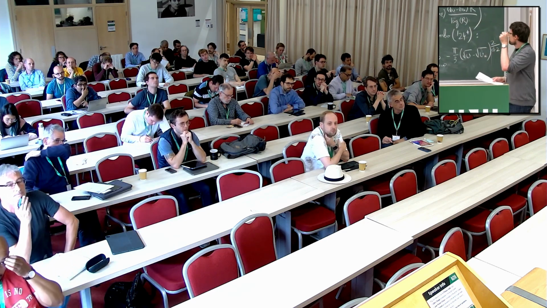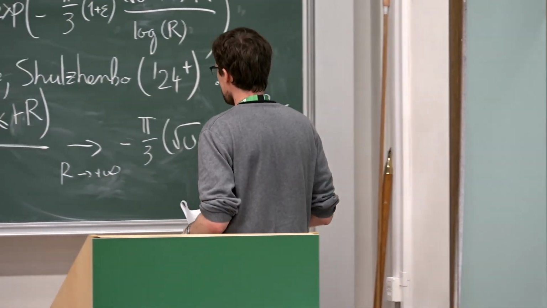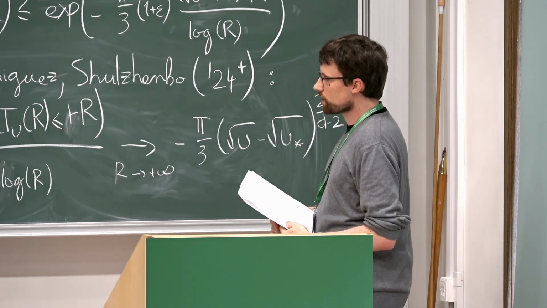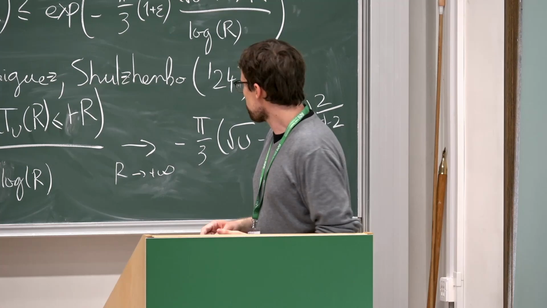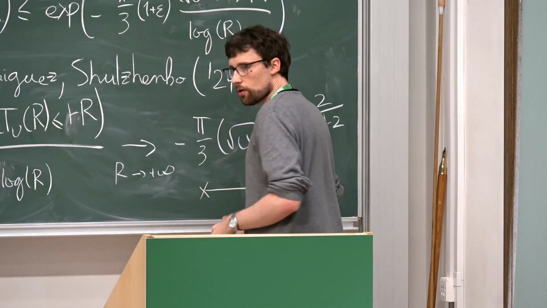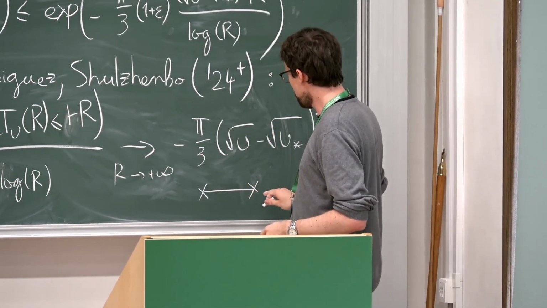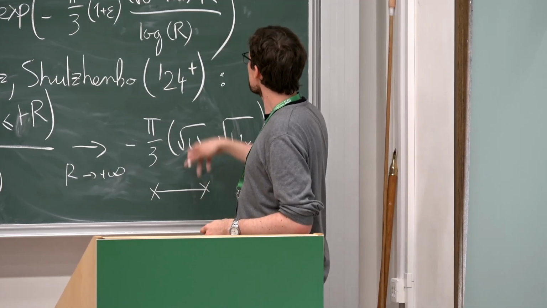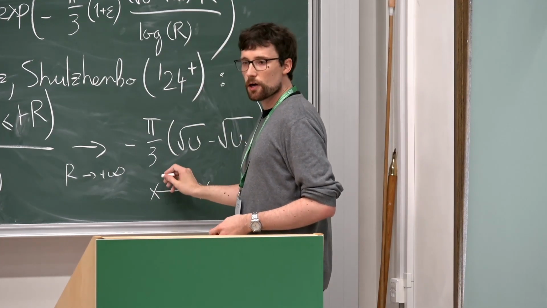Yeah, so the pi over 3 all comes from some capacity computation. It comes from the capacity of a line of length r, which is linked to the probability that the walk stays on this line. This capacity of a line behaves exactly as r over log r, and the constant in front of it is pi over 3.